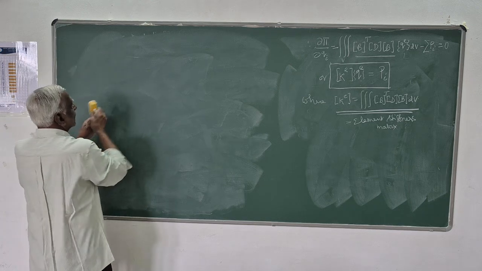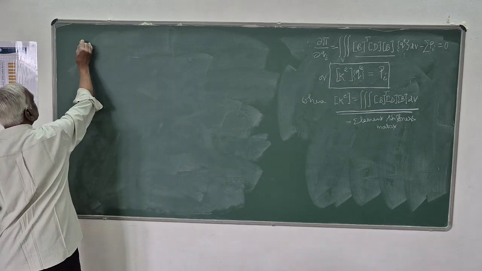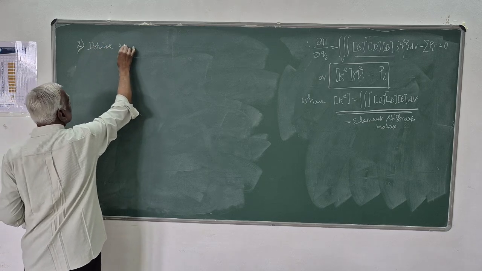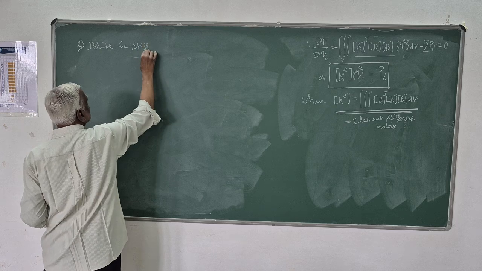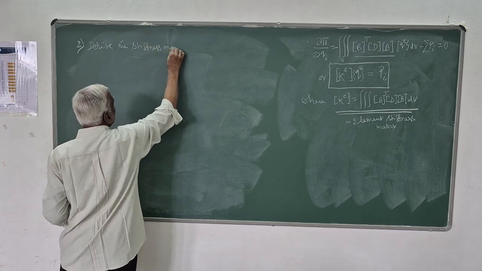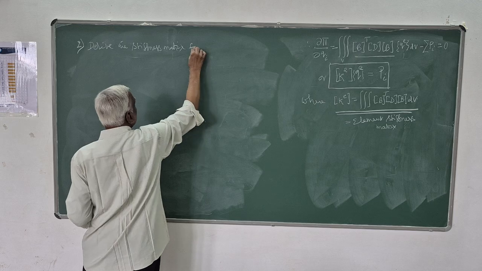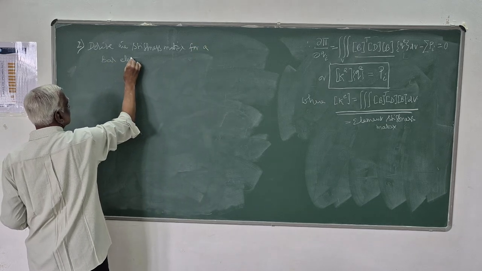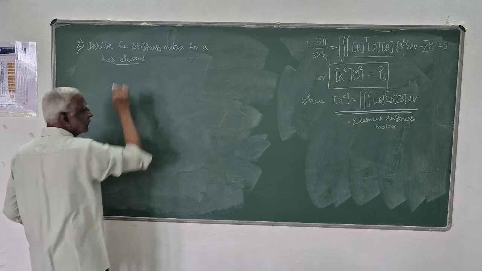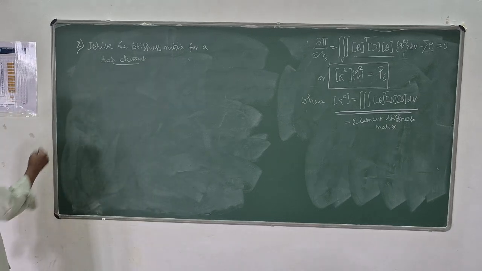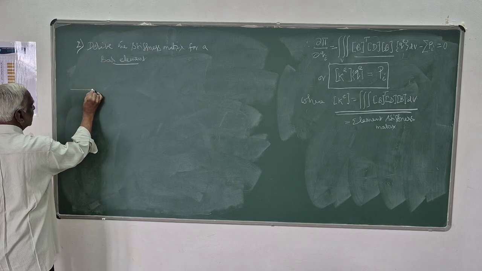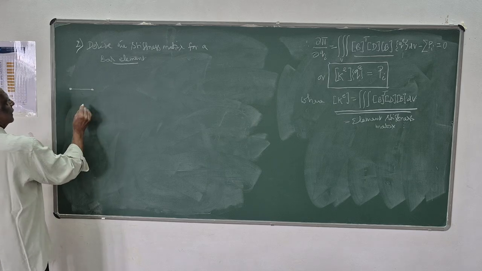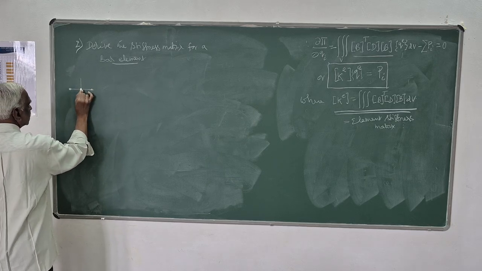Now the next expression: derive the stiffness matrix for a bar element. So you consider a bar element like this in natural coordinates.